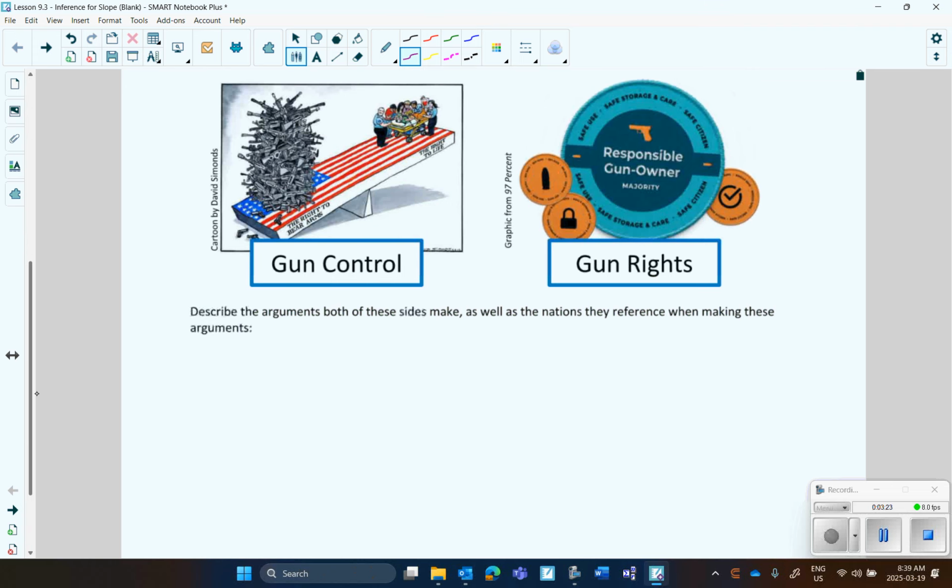So the debate is gun control versus gun rights. I mean, several people say, okay, the more people that own guns, the more the risk that people are going to die from guns. And you can point to the US as an example.